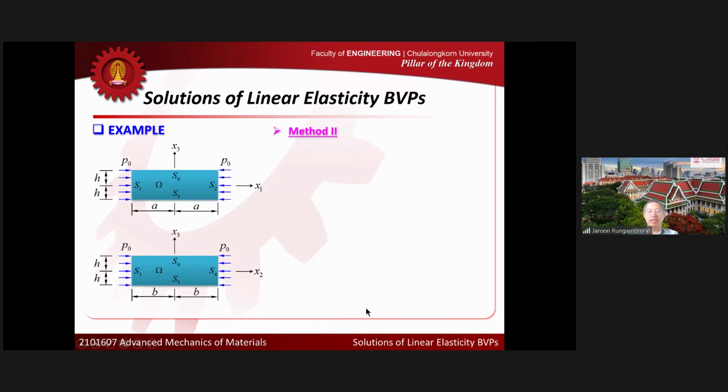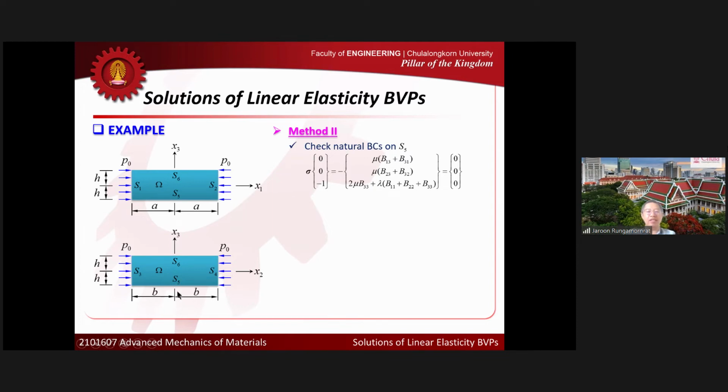Now we have 2 remaining surfaces that we have to check. Okay, now if we look at the boundary condition on the surface S5, we get something like this, because on the surface S5, the outward unit normal vector is pointing downward like this, right?